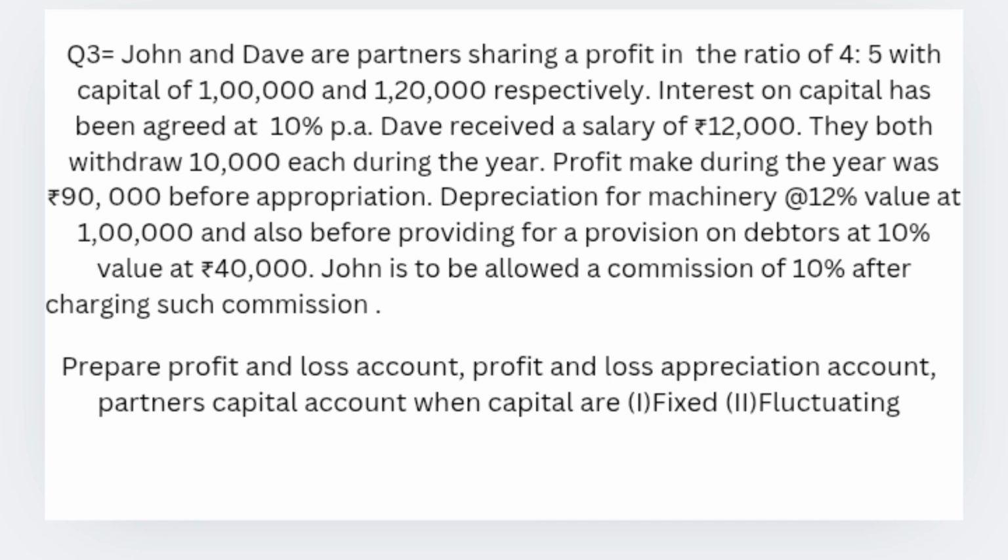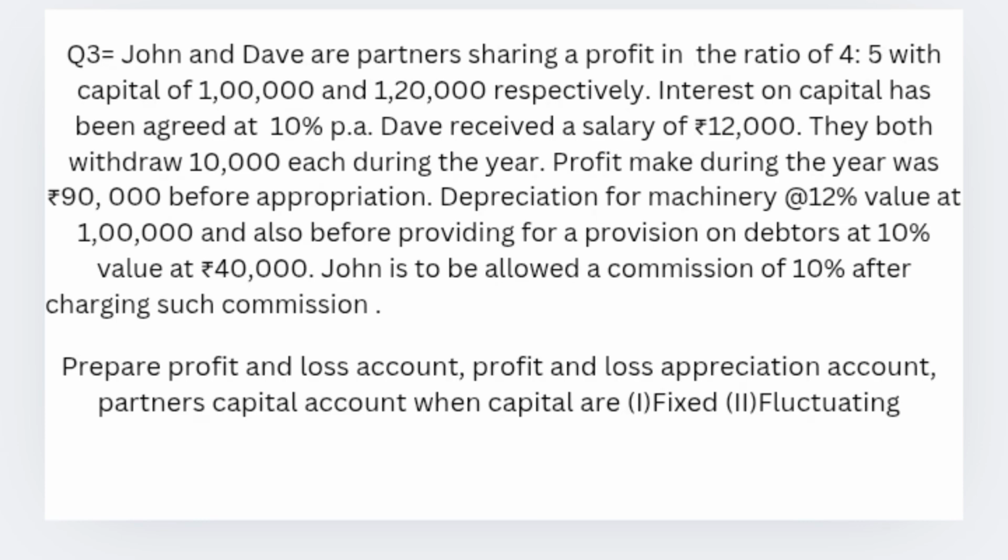This one will also go to profit and loss account. Then provision on debtors at the rate 10% valued at 40,000. This one also will go to profit and loss account. And the last one, John is to be allowed a commission of 10% after charging such commission. That also will go to the profit and loss account. Prepare profit and loss account, profit and loss appropriation account when partners' accounts are fixed and fluctuating.